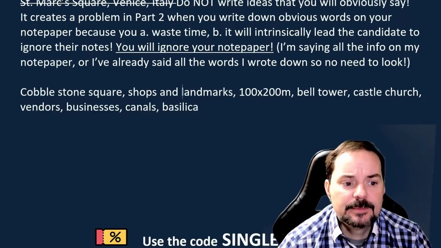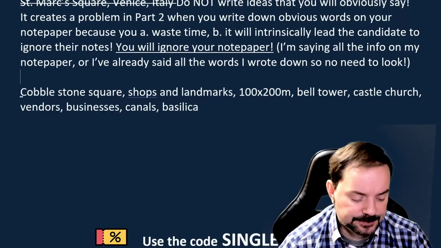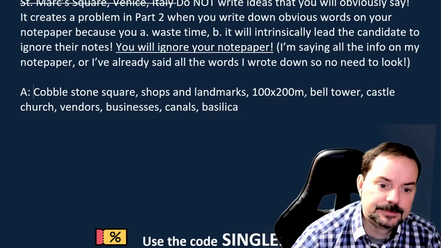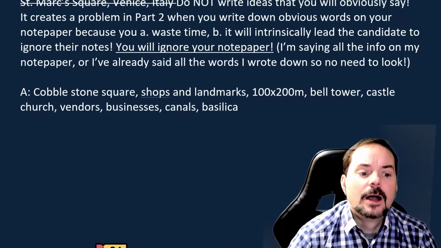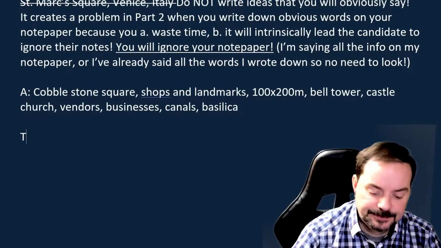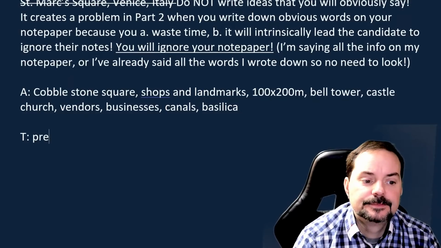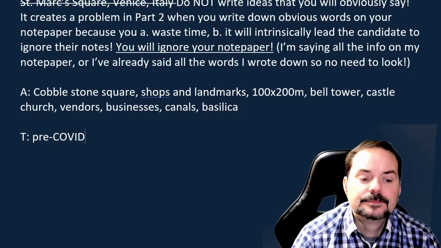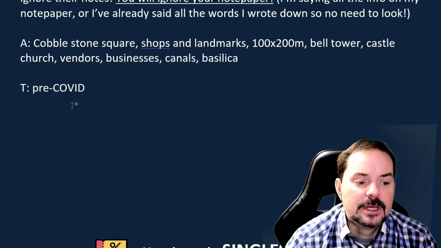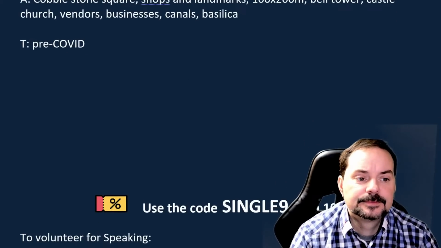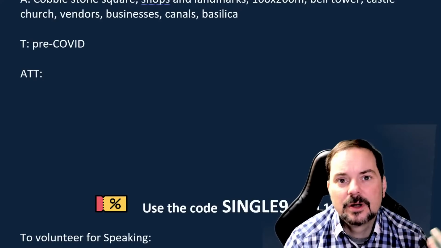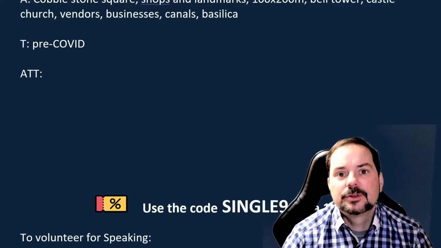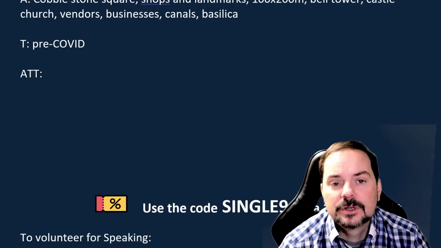So this is the appearance. Pre-COVID. Okay, time. Attendees. I'm not going to write down tourists. Obviously, I'm going to think about the word tourists. There are lots of tourists there.